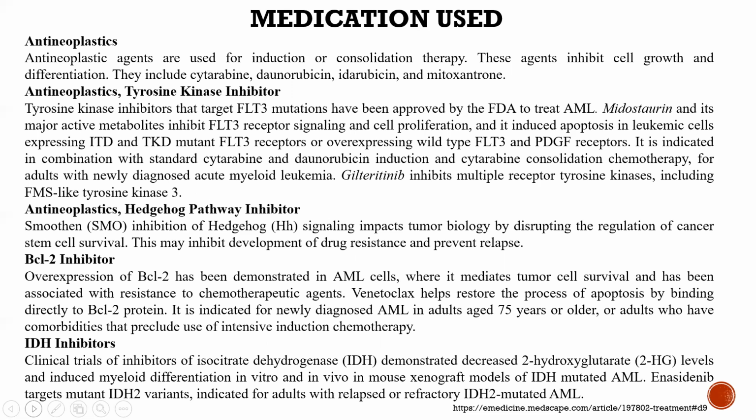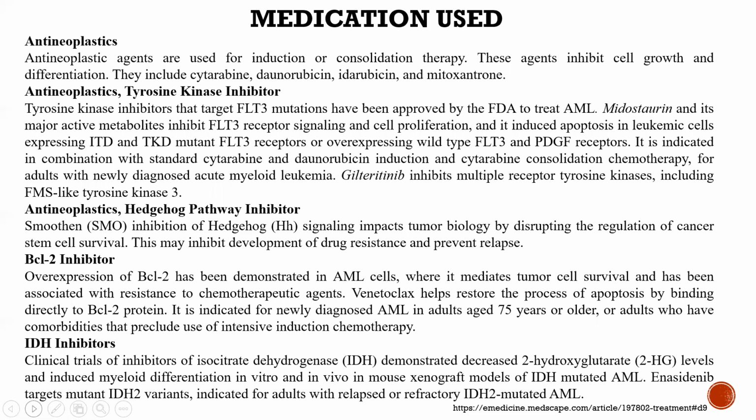An example of these drugs is midostaurin, and its major active metabolites inhibit receptor signaling and cell proliferation by inhibition of signaling receptors, and induce apoptosis in leukemic cells.